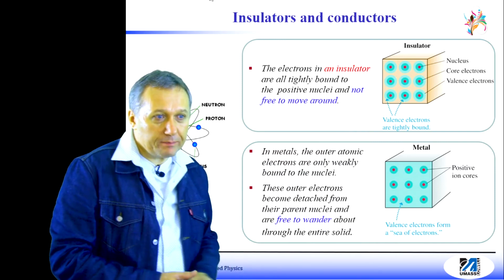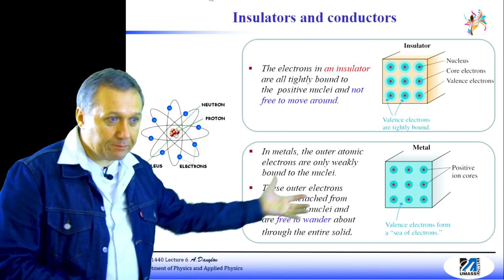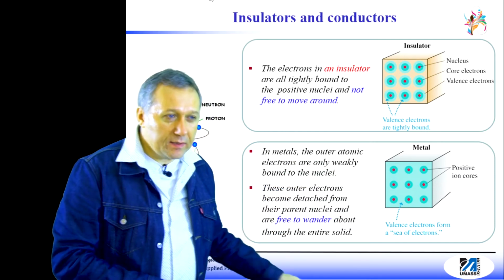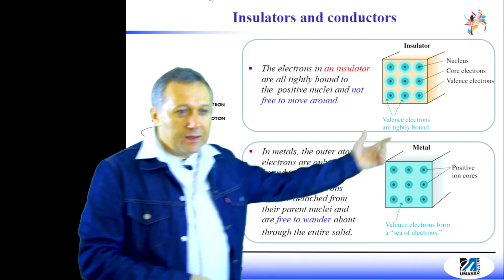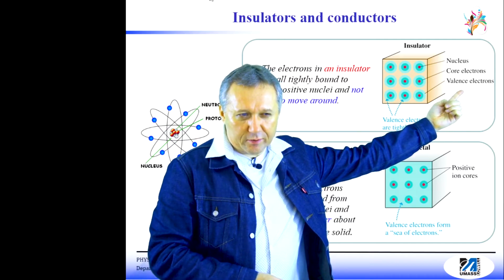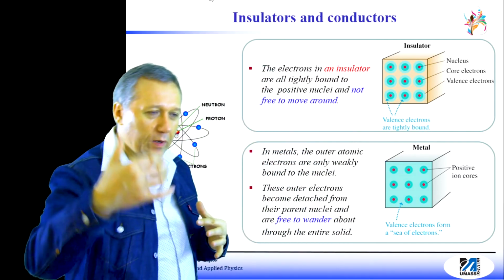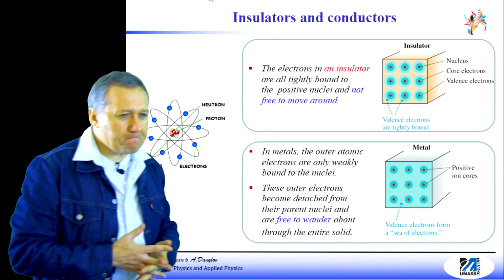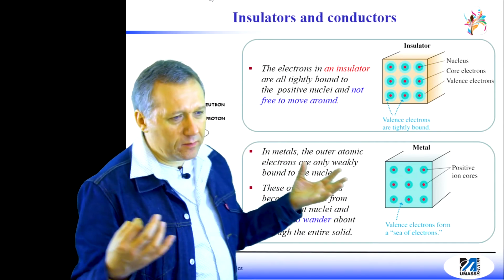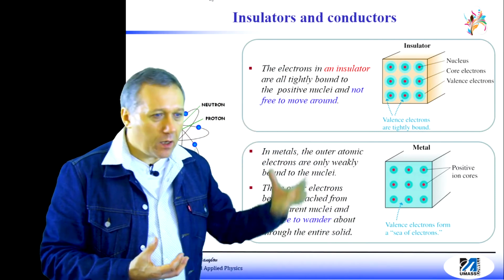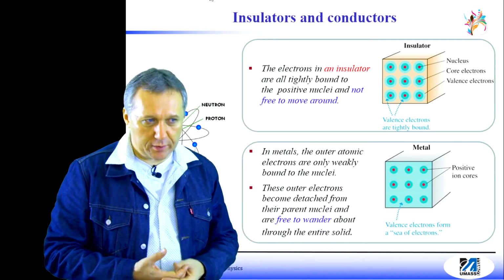Now, what about conductors or metals? It's a second situation, right? This picture. In this material, those valence electrons, you see valence electrons, those which are farther away from nuclei, are weakly connected to the nuclei.